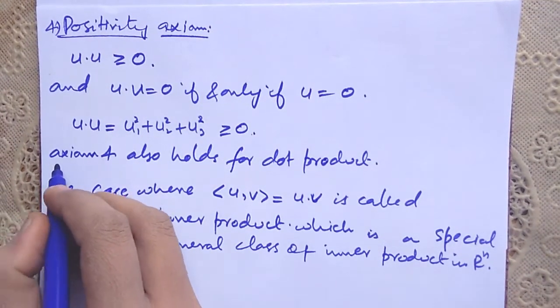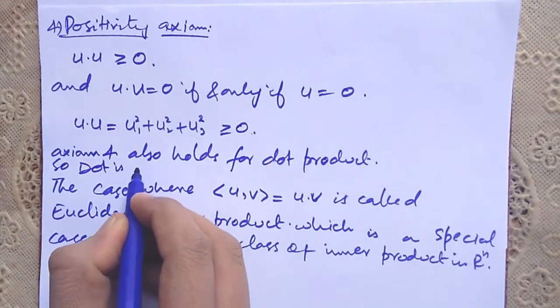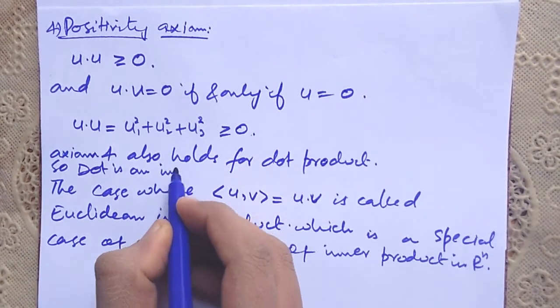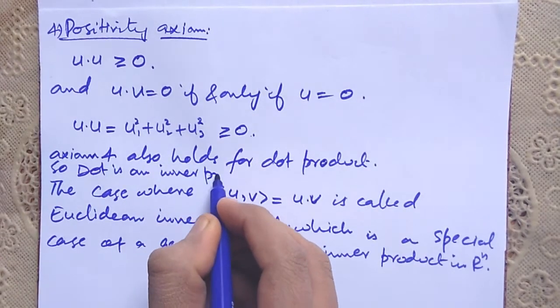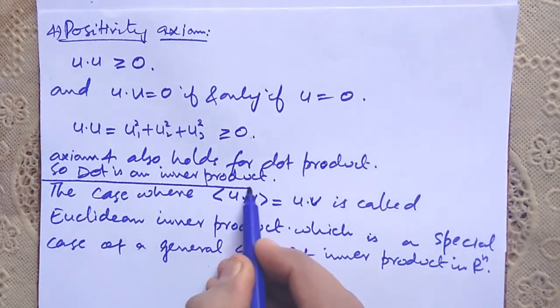So dot product is an inner product because all the axioms of inner product hold.